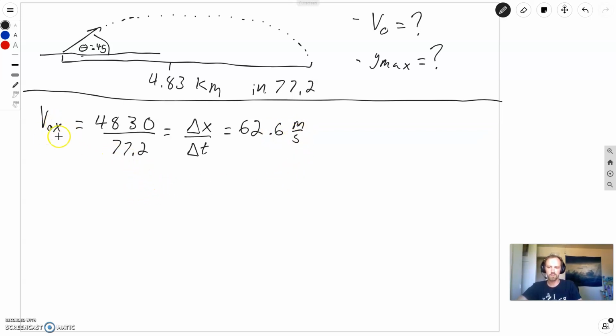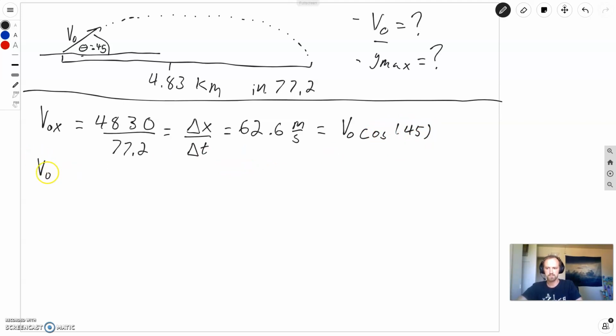But I also know I have another equation to figure out my v naught x, my initial velocity in the x direction. I can use my trig rules to compare that to the true absolute velocity in this 45-degree angle direction. What I mean is, remember v naught x equals v naught times the cosine of 45.